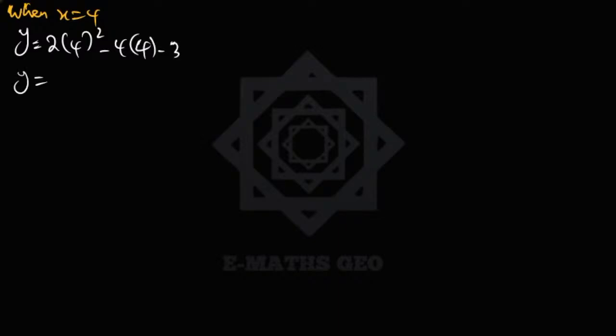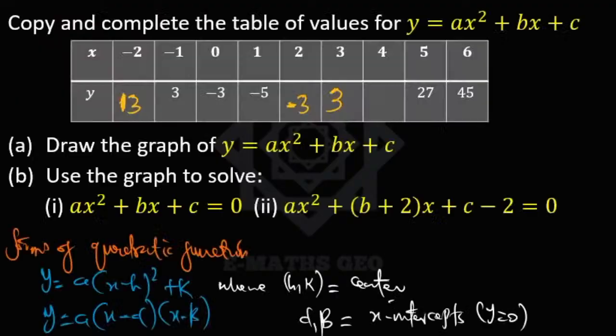To solve this first part, I will factor 4 squared so that it will be easy. Because this is 4 squared, this is now 16 minus 3. That is 13. So we have x is 4, y is 13.